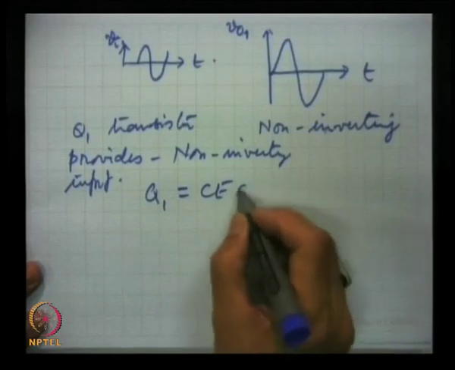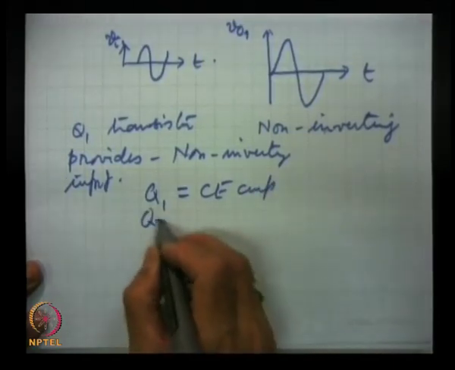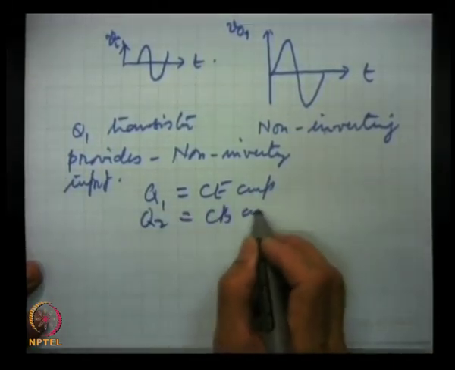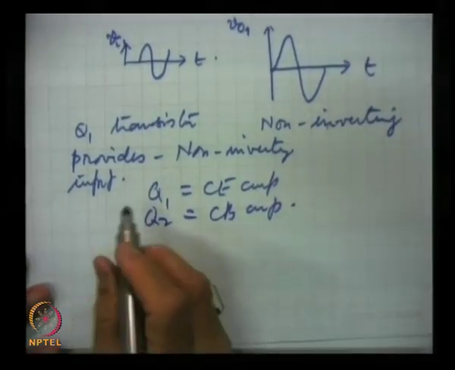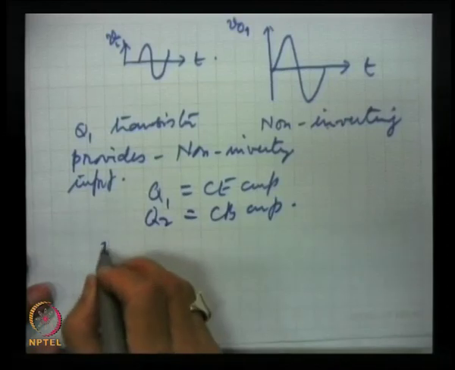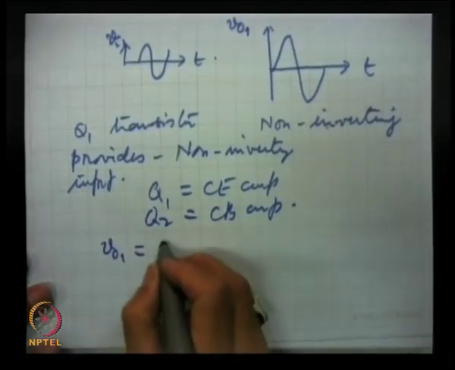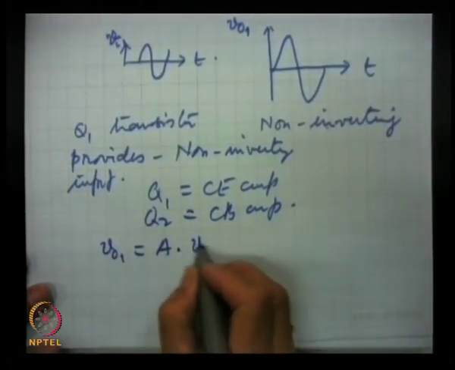We can find even the amplification actually, and as I said, Q1 forms a CE amplifier, Q2 forms a CB amplifier, and the output VO1 is A, the gain, times Vi1.